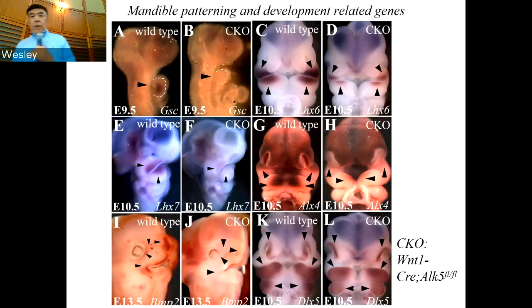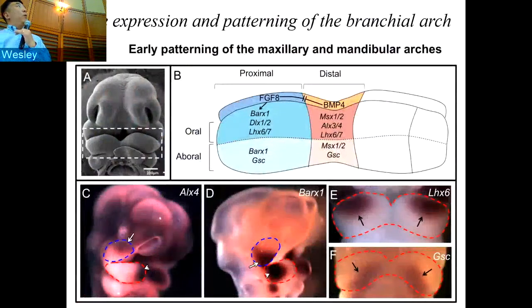So this gives you an idea, not only using the gene expression analysis, you can see where the genes are, the ones that are being picked up by this analysis, coupled with this kind of detailed gene expression map, if you will. We have been working very hard to map these genes into the different domains within the branchial arches, in this case at the early stage of mandible development.